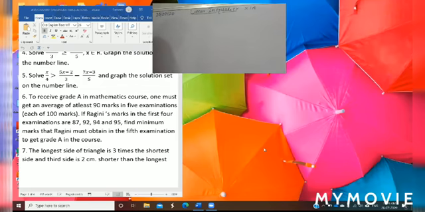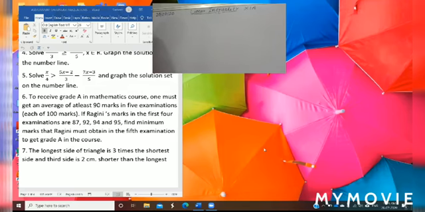Okay. Find the minimum marks Ragini must obtain in the 5th examination to get grade A in the course.